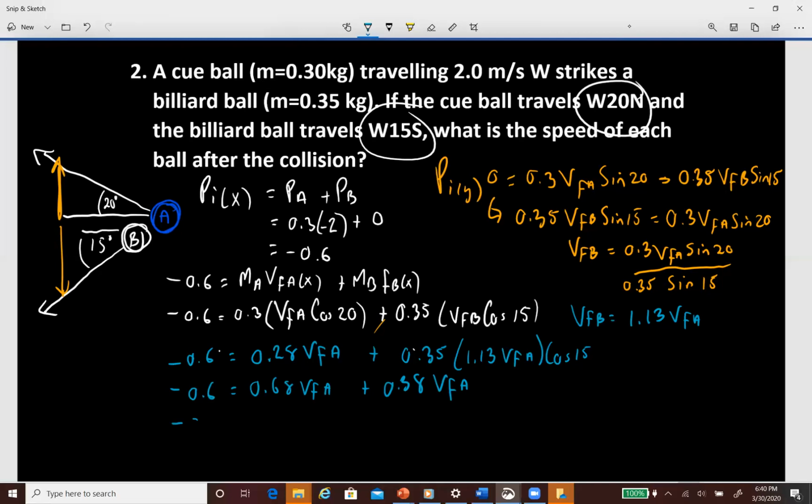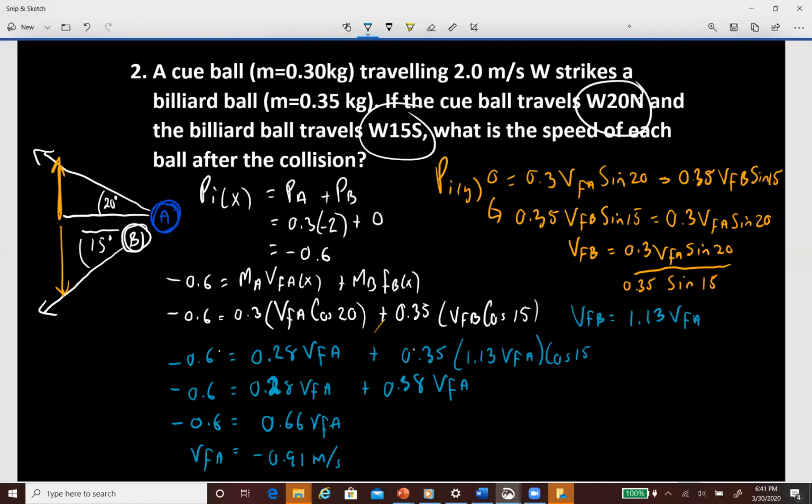Now we can put the VFAs together. So we got 0.28 VFA, I can't read my own writing, plus 0.38 VFA is going to give us 0.66 VFA. That means VFA is equal to negative 0.91 meters per second.